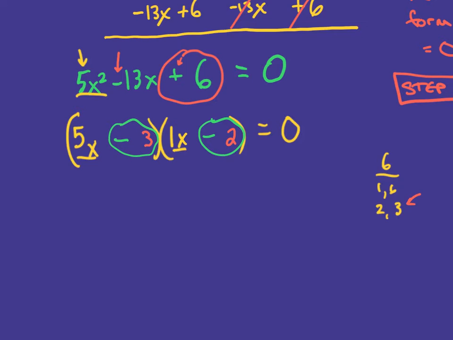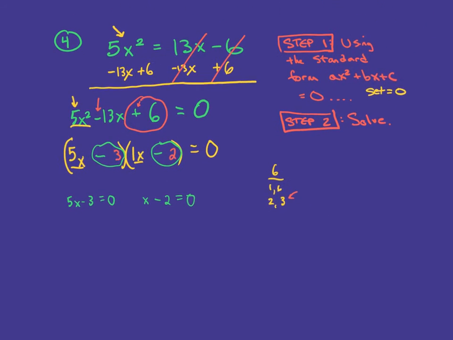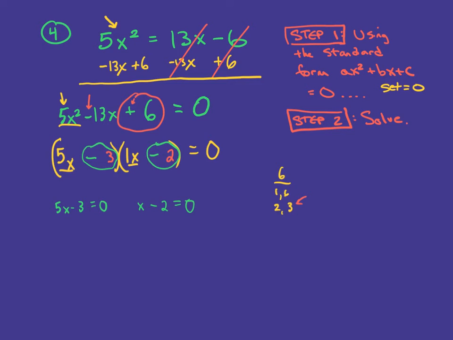So once you've got that equal to 0, then you can just set 5x minus 3 equal to 0, or x minus 2 equal to 0. And I should mention, back to the step 1 thing, once you've got this factored, this is going to be your step 1, your 2 parentheses.